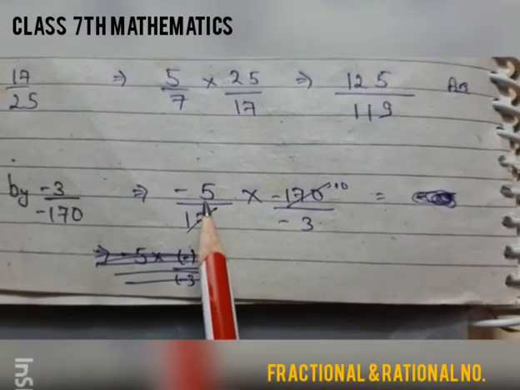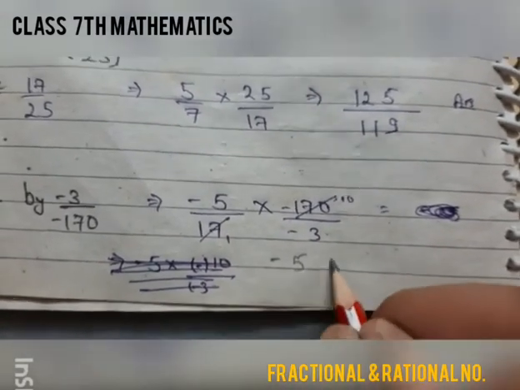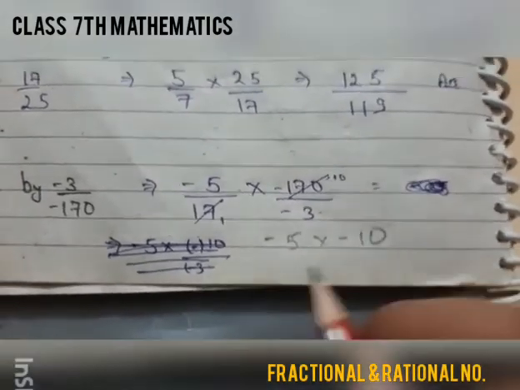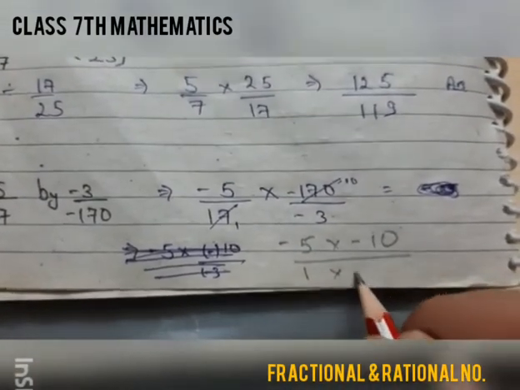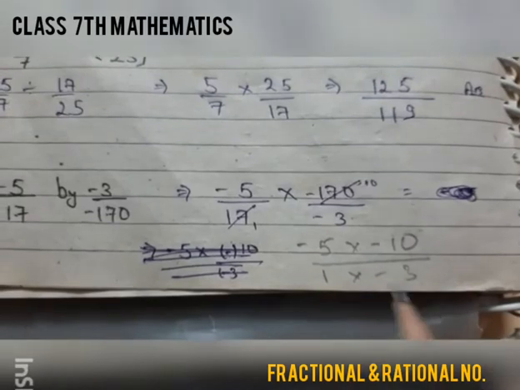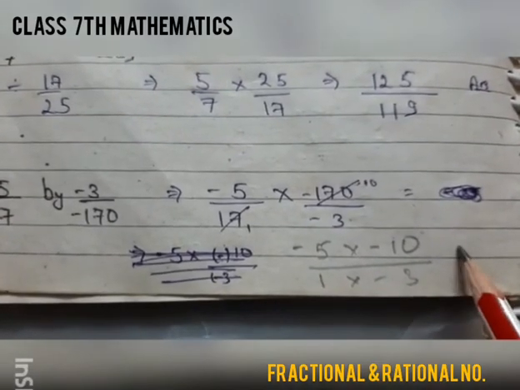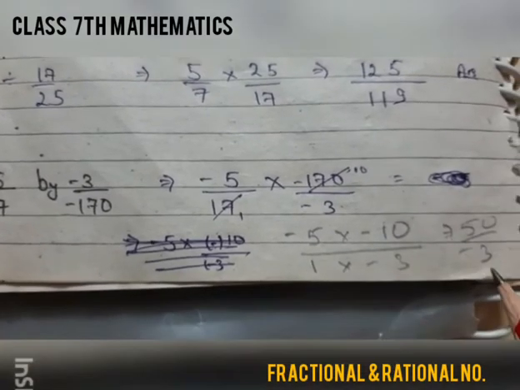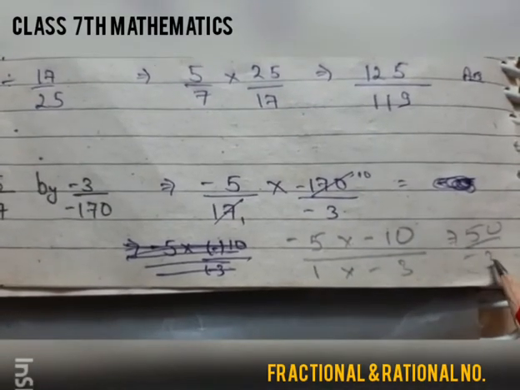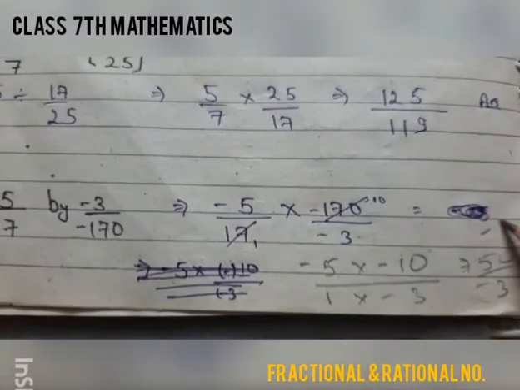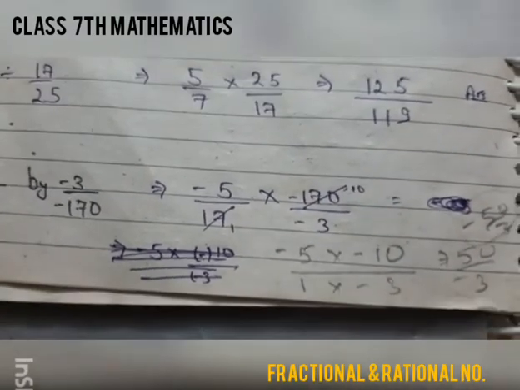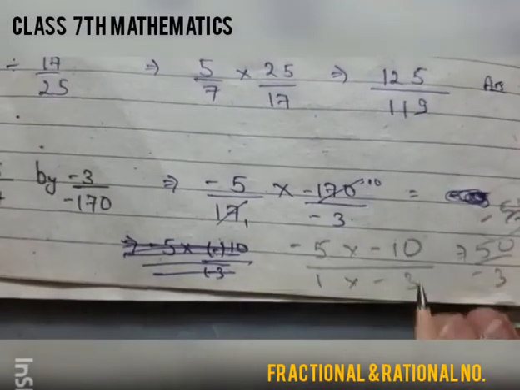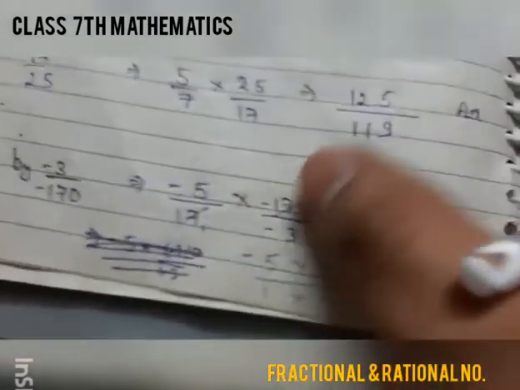That means minus 5 into minus 10 upon 1 into minus 3. Now minus into minus is plus, that is 50 upon minus 3. Now we know that the denominator cannot be a negative value, so we can also write minus 50 upon 3. This will be your final answer. Or after writing this, you can solve like this.